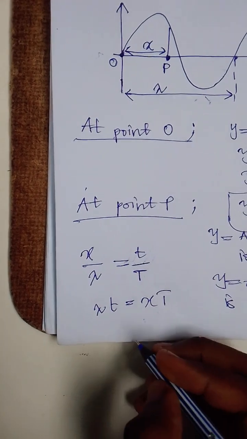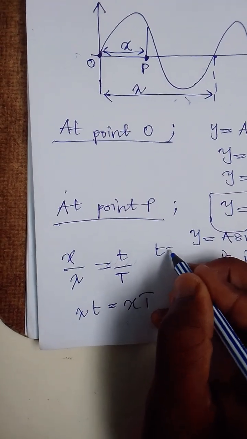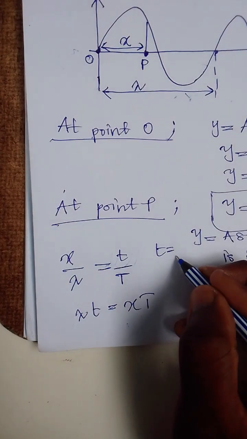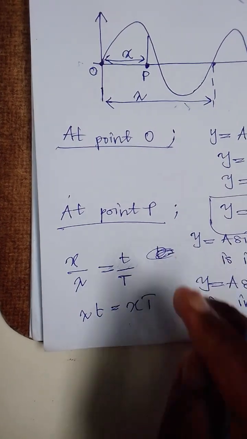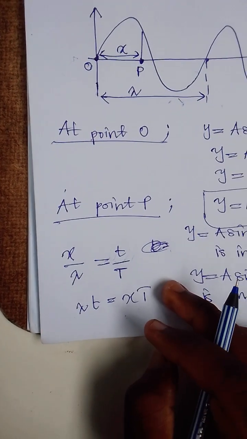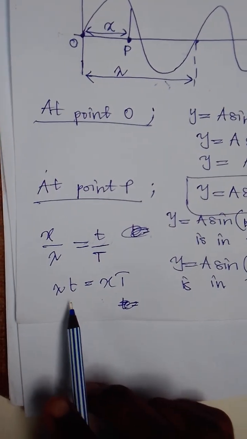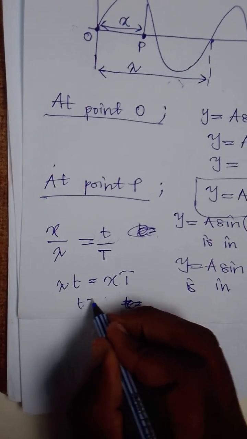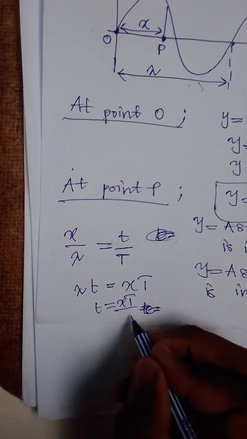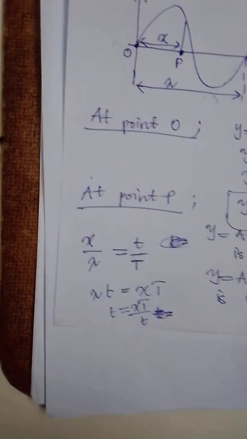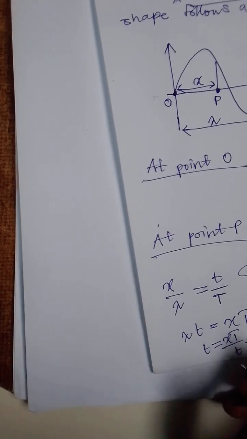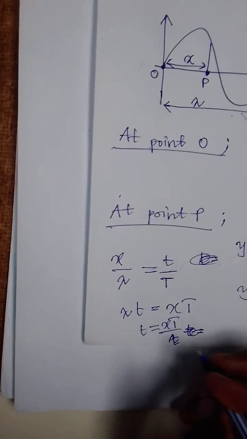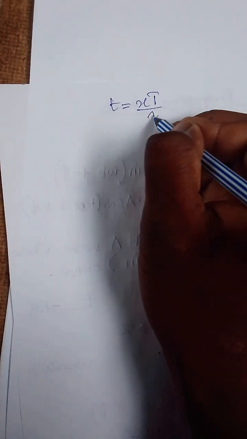If I divide by lambda, I'll get t is equal to x T over lambda.